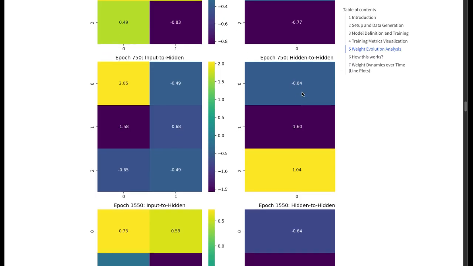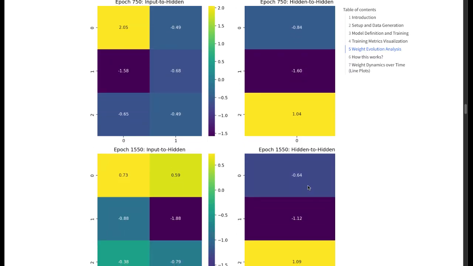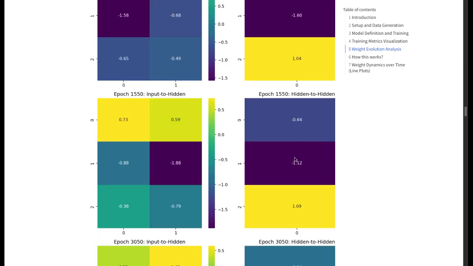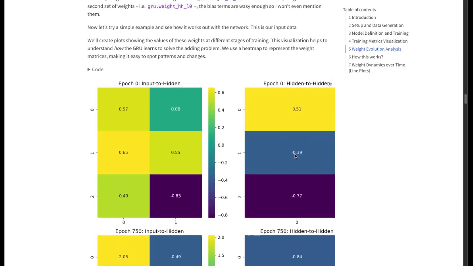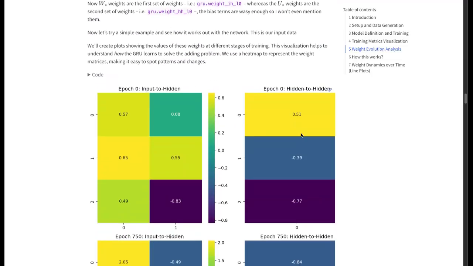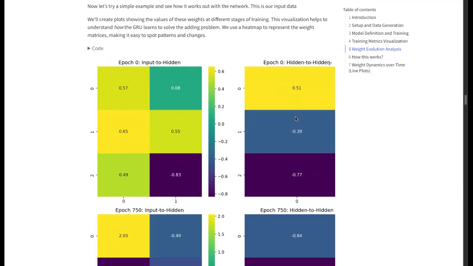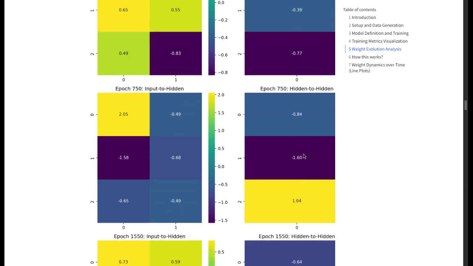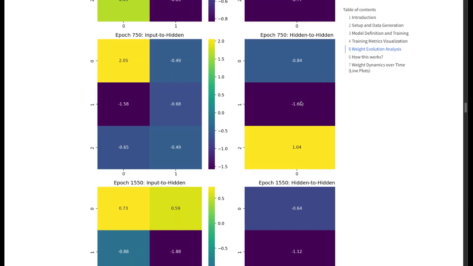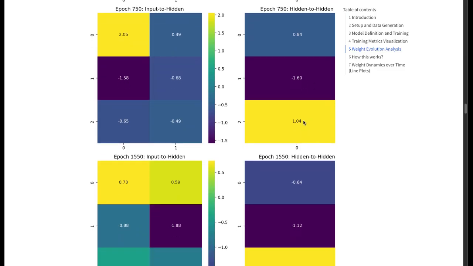This goes from minus 0.84 to minus 0.64 to minus 0.14. It's really important to remember the order of the weights. The first, index 0, is the one that changes so much here: the reset gate. The other two are the update gate and the new gate.